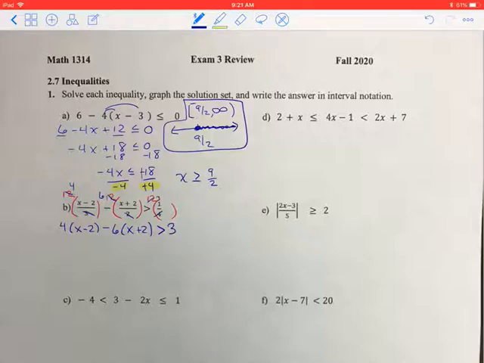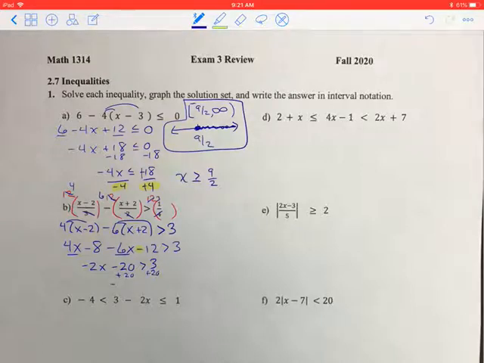All right, so now I want to go back and distribute my 4 and distribute my negative 6. If you try to distribute and clear fractions in the same step, you will generally forget to distribute the negative. So you want to make sure that you have a minus on that 12 right there. If I put my similar terms together, I have a negative 2x and then a minus 20 greater than 3.